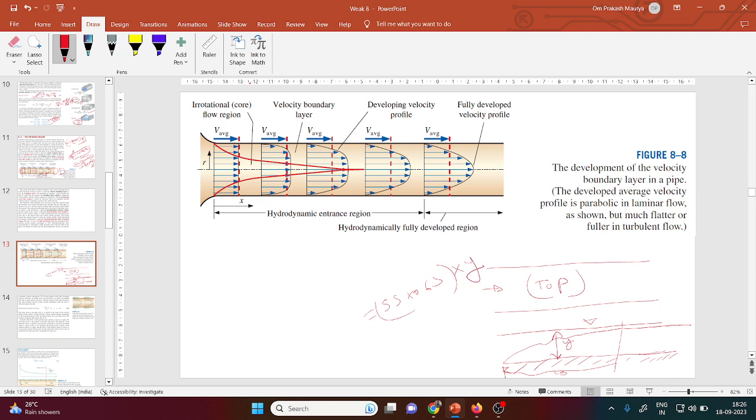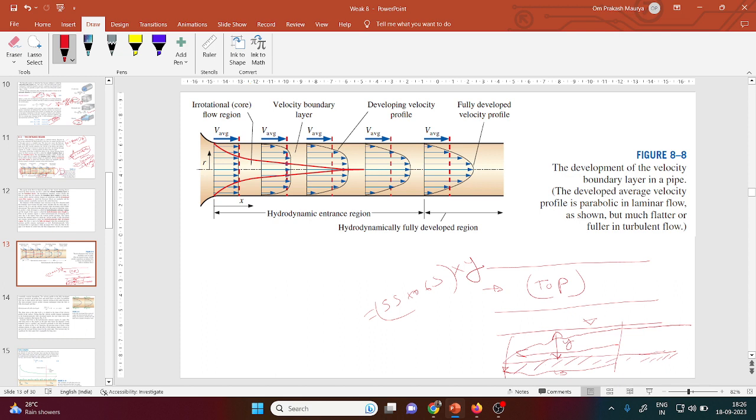So if you want to measure data like velocity, you need to measure after this development length, not inside the development length, because your velocity variation is going on.